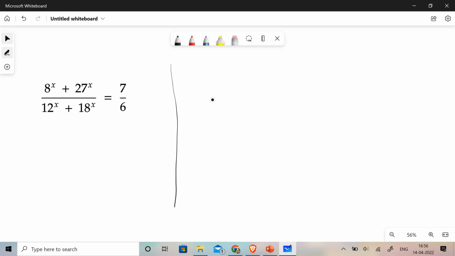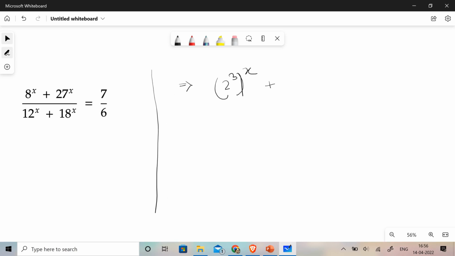So this is how I start, and I can write this equation as 2 cube, which is 8, to the power x, in parentheses with my bad handwriting, and then 27 I can write as 3 to the power 3, to the power x, and then, what about the denominator?